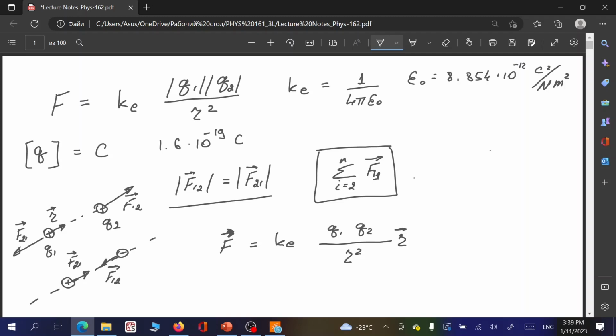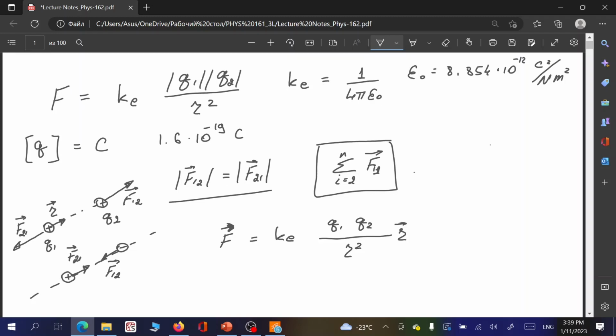It doesn't have any magnitude, it's just unity, it just defines the orientation. Then, of course, you need to take into account the signs of electric charges. Either they are the same, and we have repulsion, or they are different, then this electric force will be an attractive force.